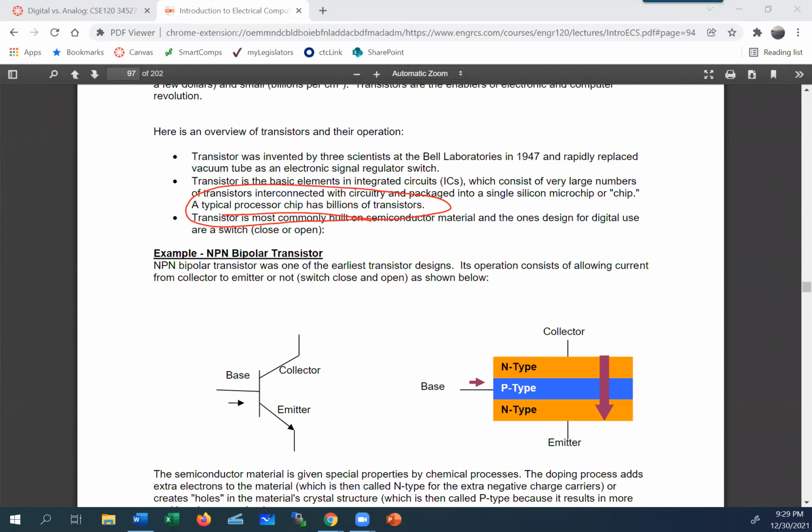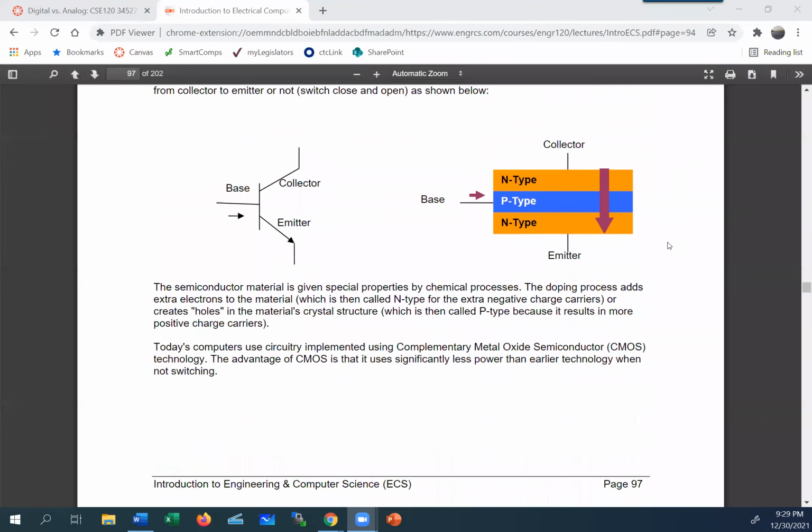Right now, power dissipation and heat is the biggest reason we don't have faster and larger computers. That's the limiting factor in our ability to produce computers. So anything that we can do to reduce power consumption goes a long way in allowing us to have more powerful computers.